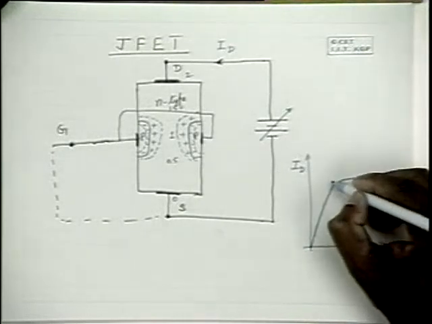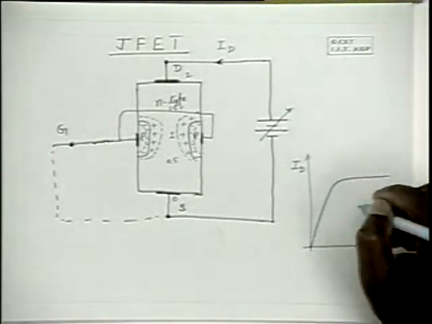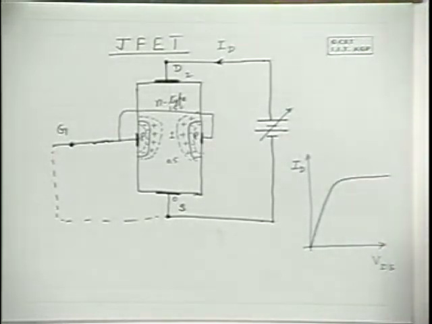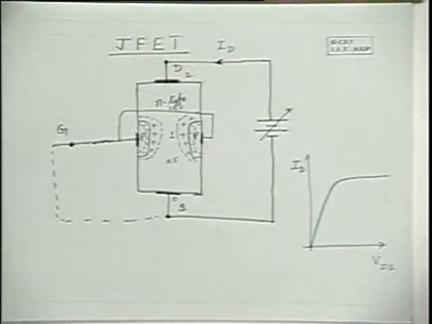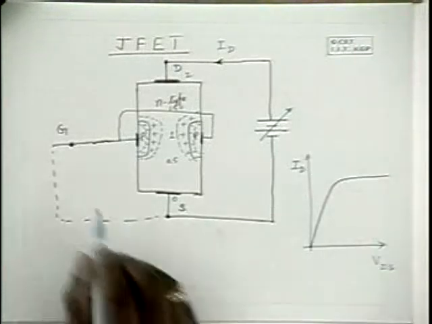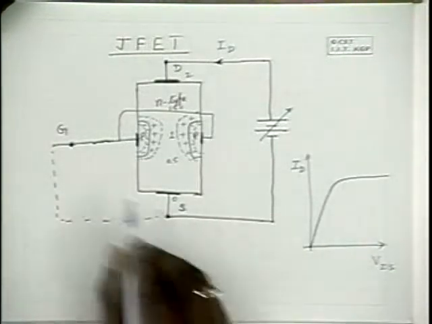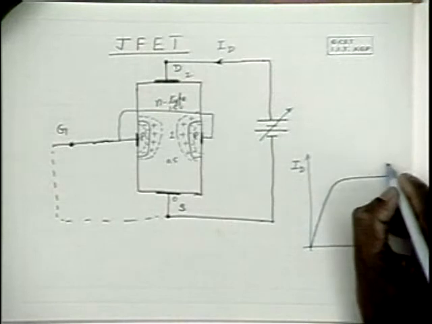So this voltage is typically about 2 to 3 volts. This is what happens. And naturally this voltage depends on the dimensions and the doping concentration. So this current remains constant. I am talking about when VGS is 0.